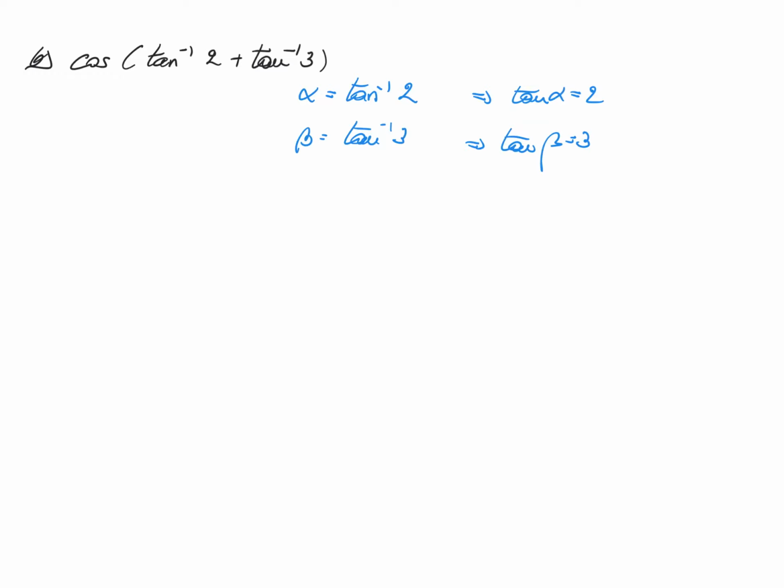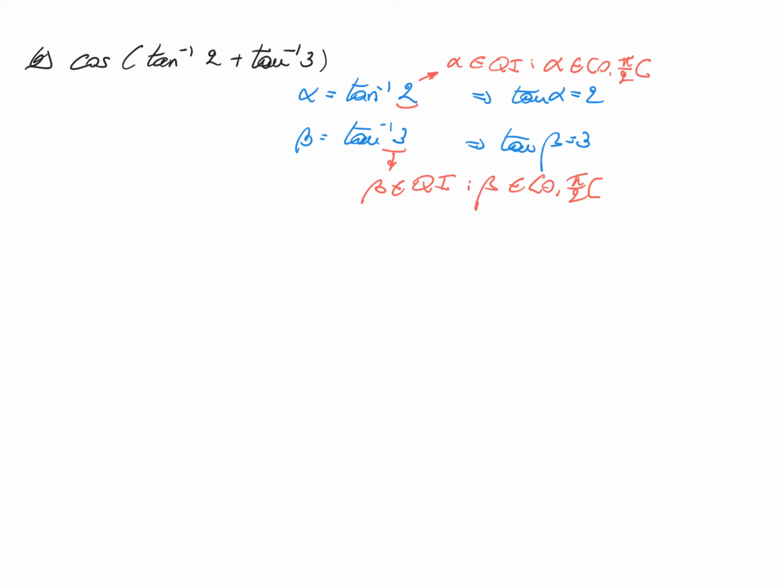Furthermore, if we look at the angles, we see here we have tangent minus 1 of 2. So 2 is positive, which means that my alpha will be in the first quadrant. So alpha will be between 0 and pi over 2, with pi over 2 not included. Same reasoning for beta, tangent minus 1 of 3, we have a positive value. Beta is in the first quadrant, so beta will be between 0 and pi over 2.